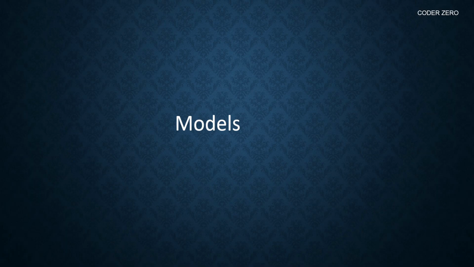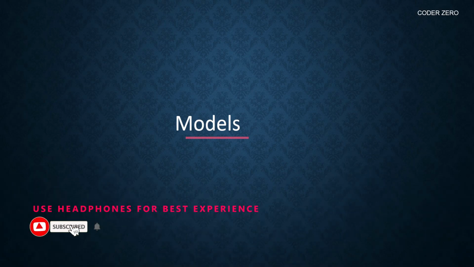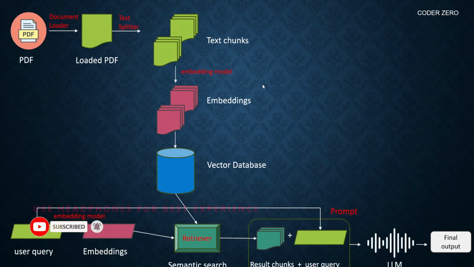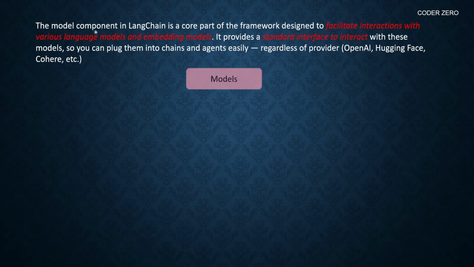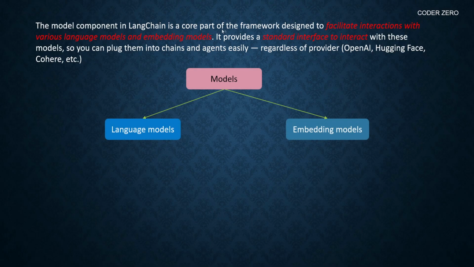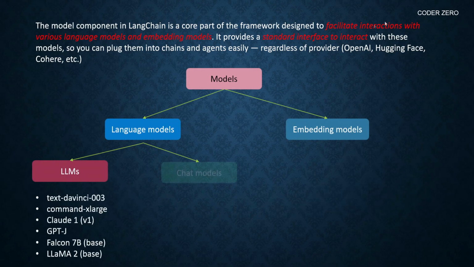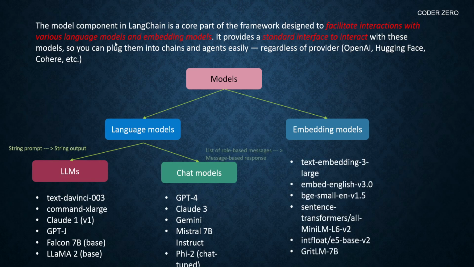Today we'll be talking about models in LangChain. So models, we have embedding model here, then we have our main model LLM here. Basically the model component in LangChain is a core part of the framework designed to facilitate interaction with various language models and embedding models. In the model component we have language models and embedding models, and language model is further divided into LLMs and chat models.